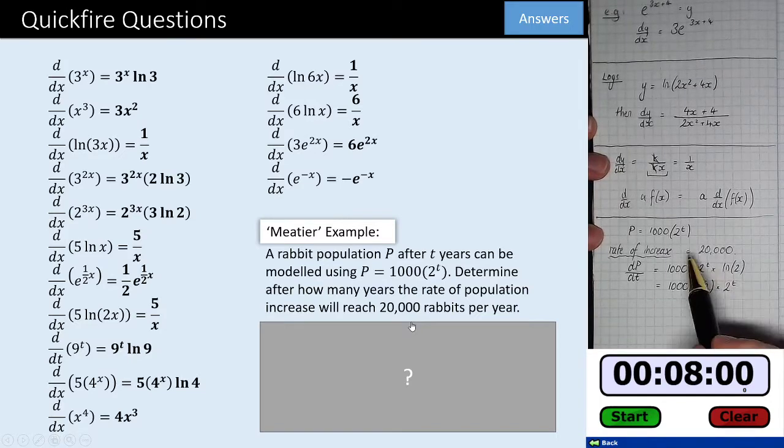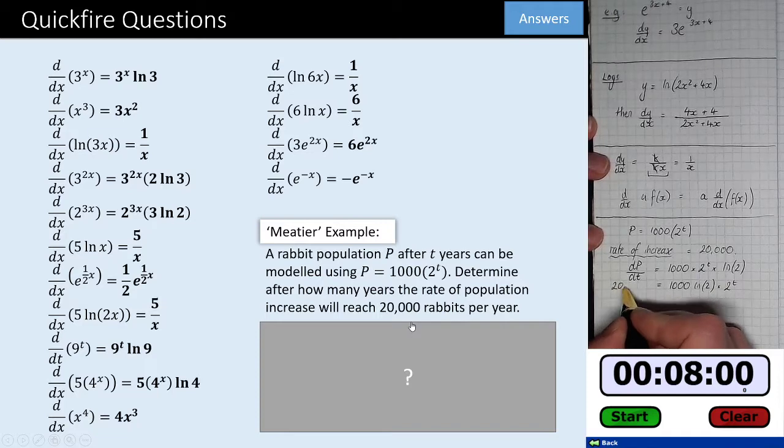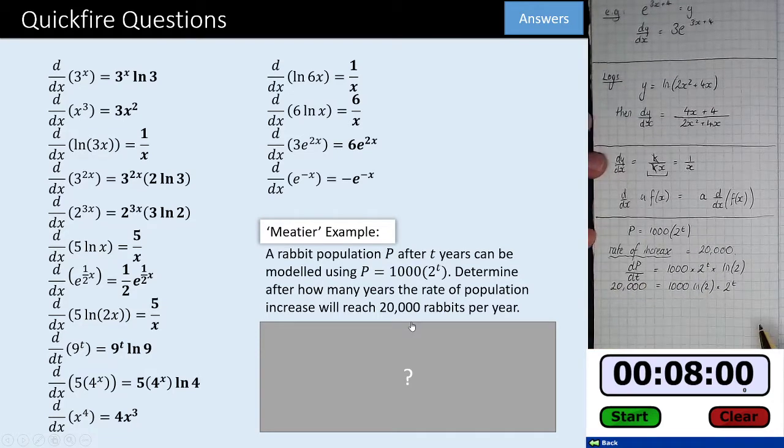Now we want to know when the rate of increase reaches 20,000. Okay, so it just means that in the next year it will have grown by that amount. So we want to find out our value of t.